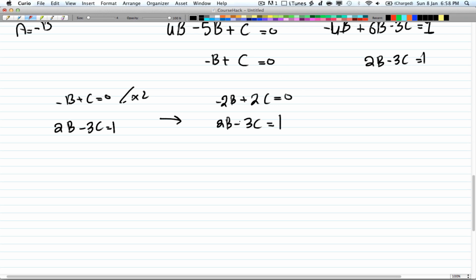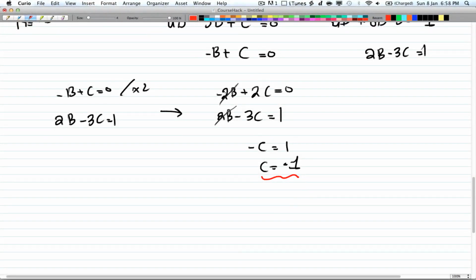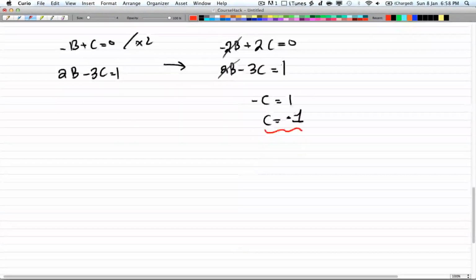And that should cancel out. Two b's together, you'll be left with minus c equals 1, and c is equal to negative 1. So now we found one of the numbers. So c is equal to minus 1.